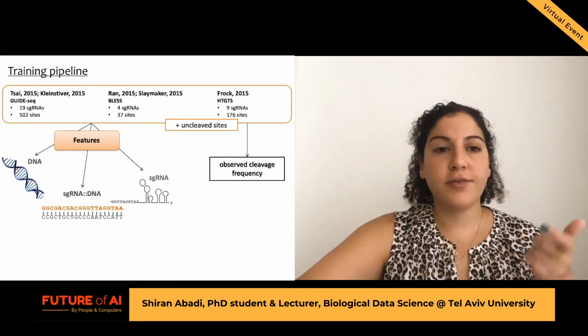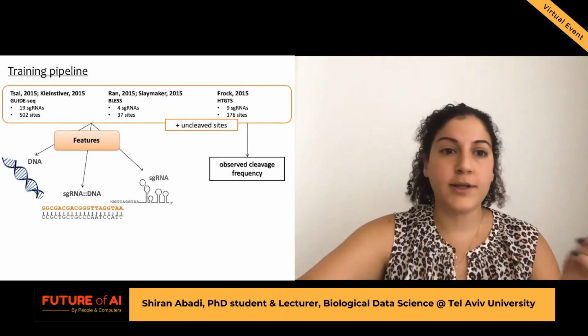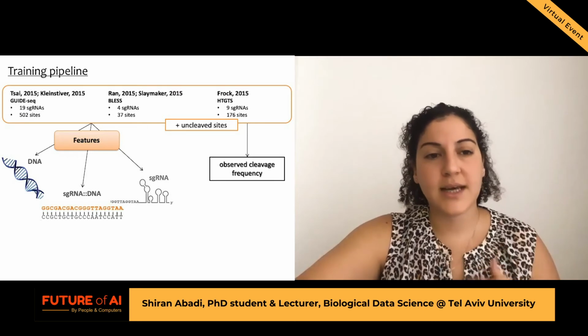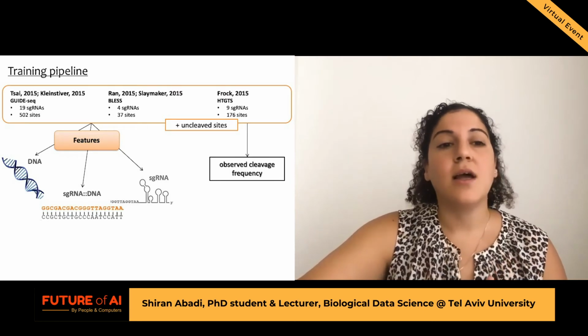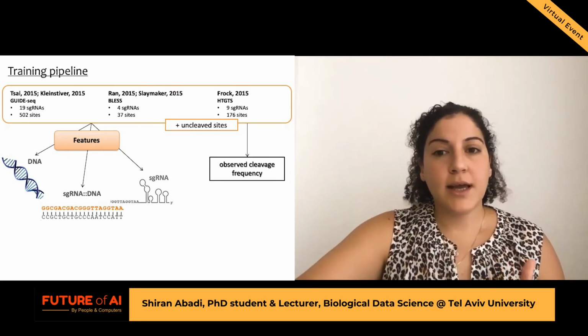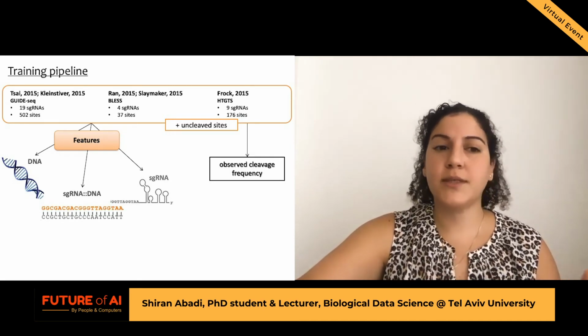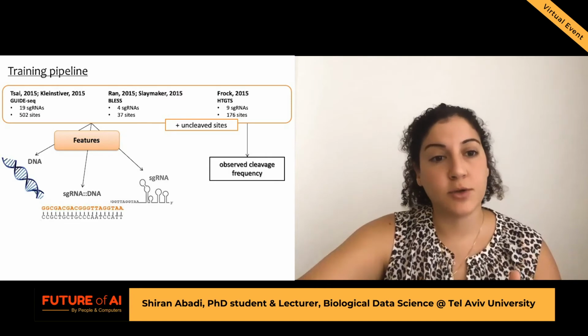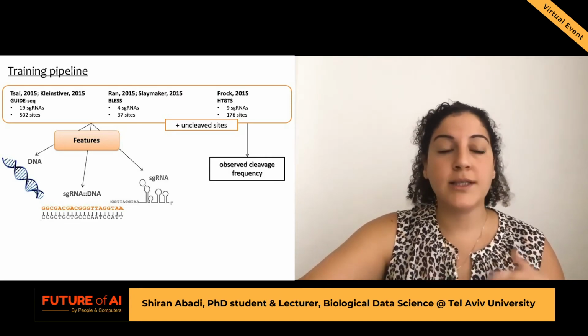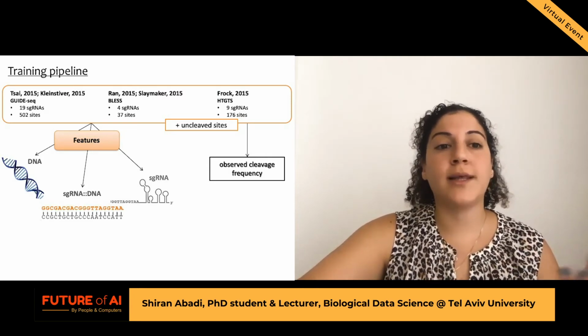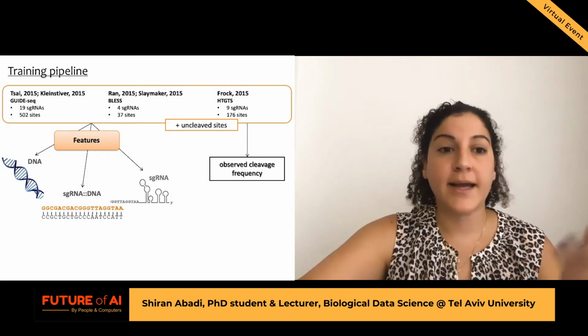From each pair of sgRNA and the reported or the uncleaved DNA site, I extracted three kinds of features: ones that are specific to the DNA, ones that are specific to the sgRNA, and ones that describe the match between the sgRNA and the DNA, like mismatches.